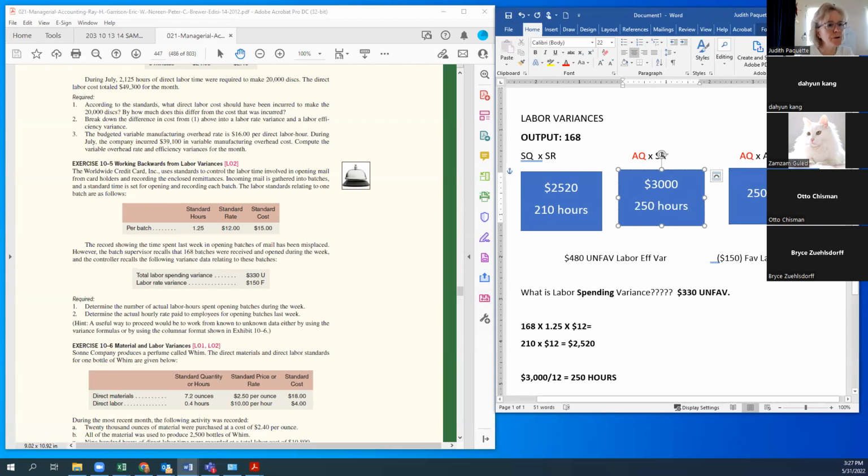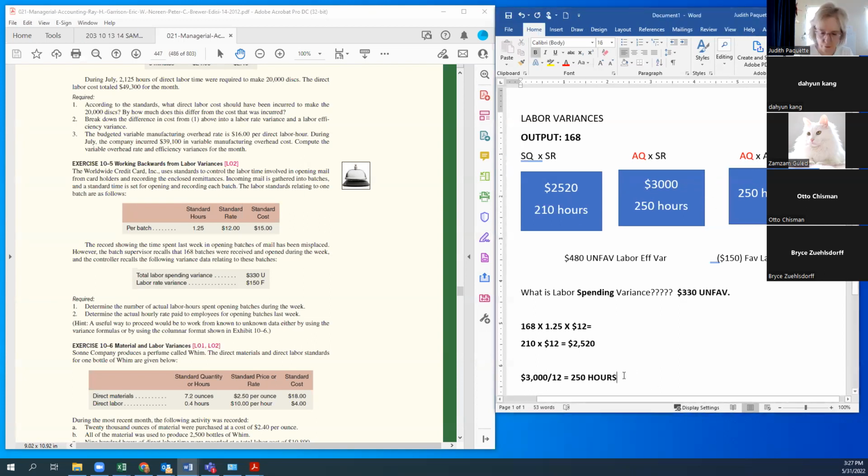All right, so now we know 250 hours. We don't know what the actual rate is, but we do know that the labor rate is 150 favorable. So how do we get to 150 favorable? It's the difference between 3,000 and whatever this total is.